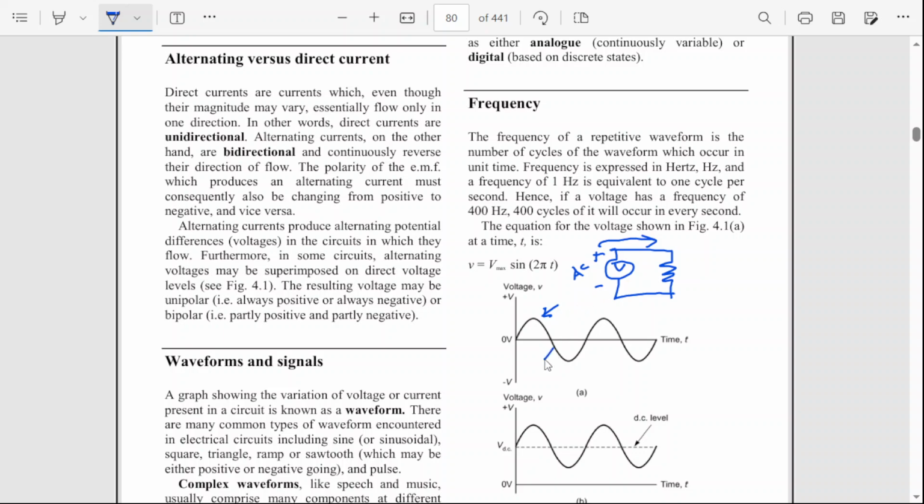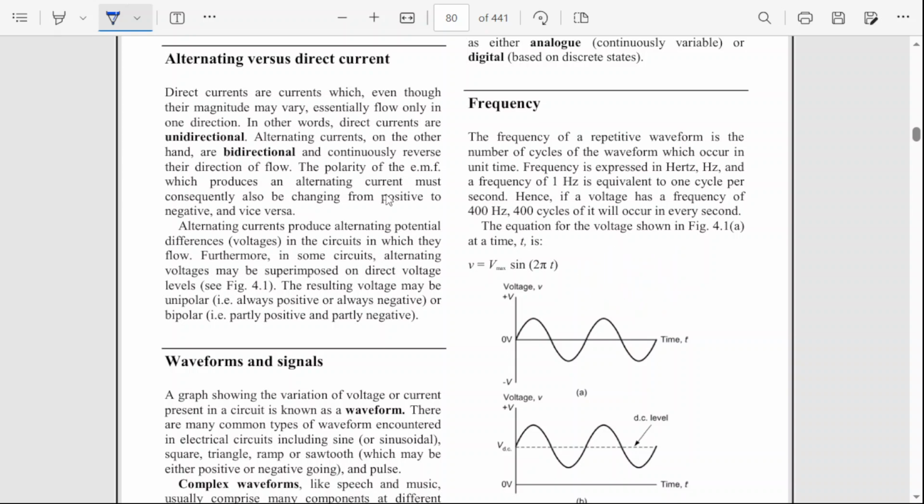But during the negative cycle, the polarity reverses. So now this side here becomes positive and this side here becomes negative. So now current is flowing in the other direction. Current is always flowing from positive to negative, okay?